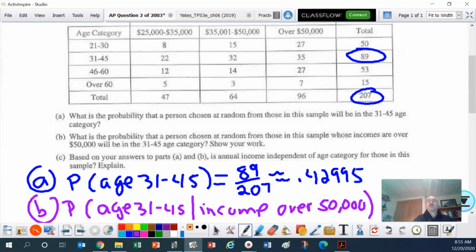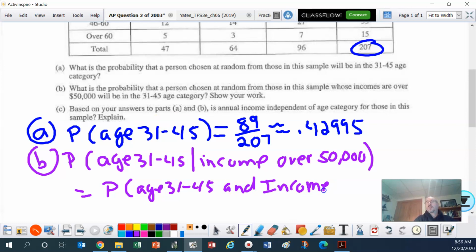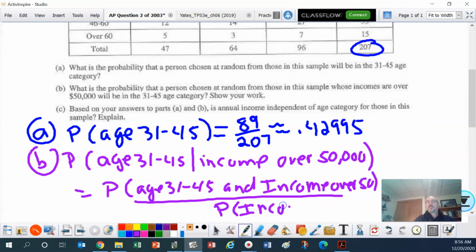Okay, well, remember what that means. That means the probability of age 31 to 45 and income over 50,000, divided by the probability of income over 50,000. Okay, sorry, I kind of abbreviated that there.